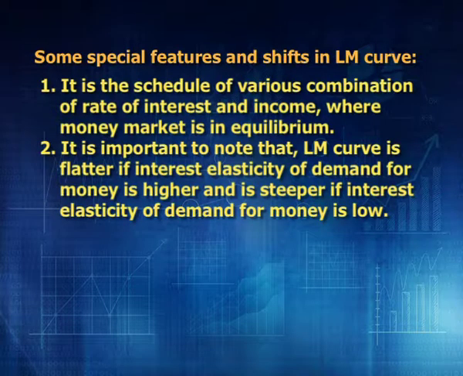First, it is the schedule of various combinations of rate of interest and income where the money market is in equilibrium. Second, it is also important to note that the LM curve is flatter if the interest elasticity of demand for money is higher and is steeper if the interest elasticity of demand for money is low.